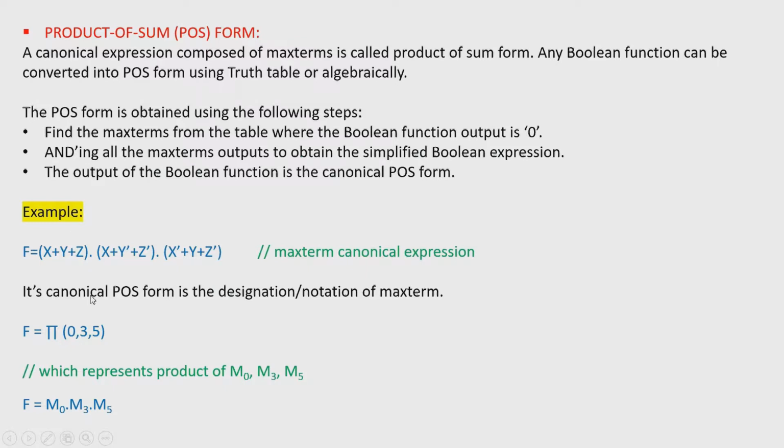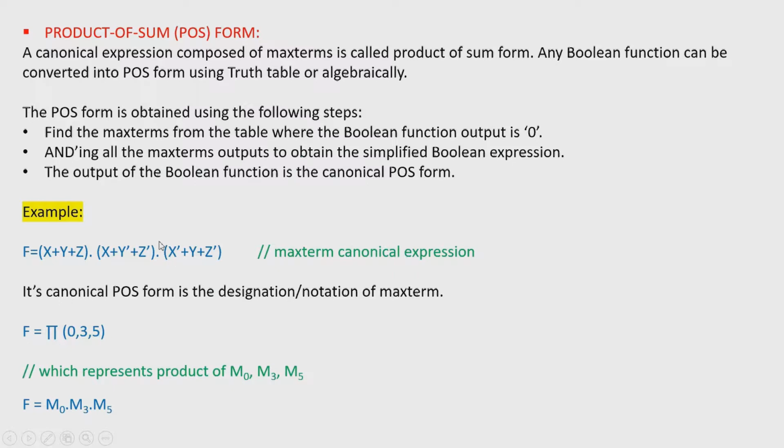Now the canonical POS form, the designation or notation of max terms, can be represented using the symbol pi, right? So in terms of min terms we use the symbol sigma, and in terms of POS we use the symbol pi. Here in terms of max terms, this x plus y plus z would be represented by the decimal designation 0, and this is represented as 3 and this is represented as 5.